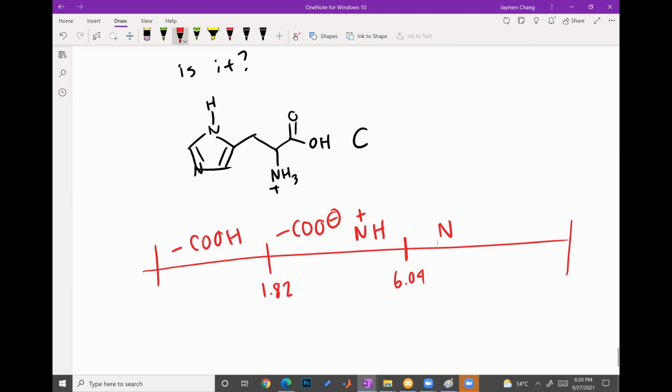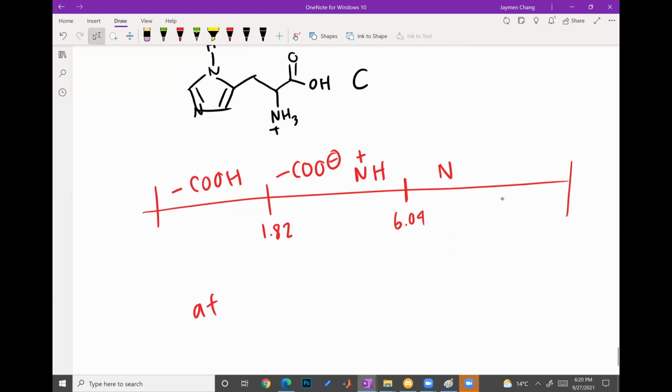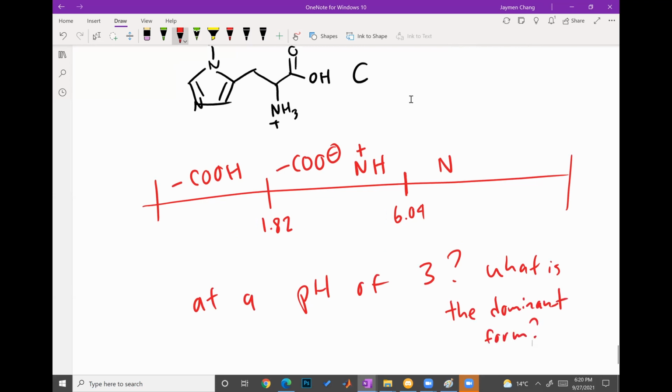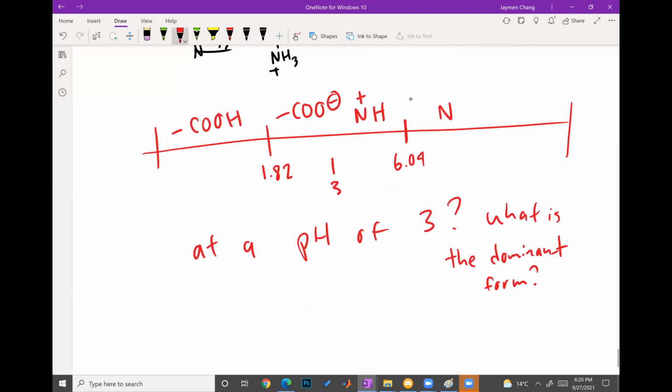Okay. So what we're going to do now is ask, at a pH of 3, what is the dominant form? To answer this question, all we have to do is draw 3. 3 is in the middle of 1.82 and 6, and we're going to have these two things.